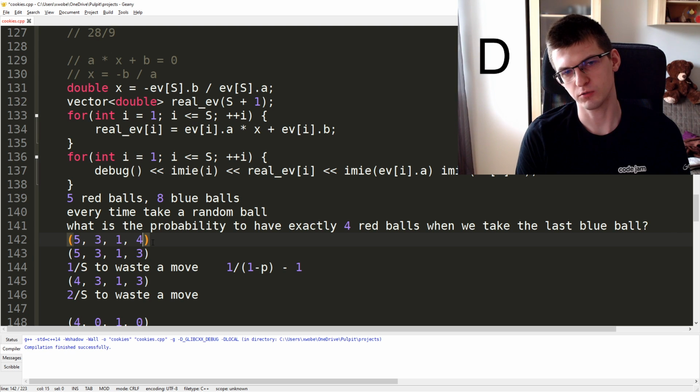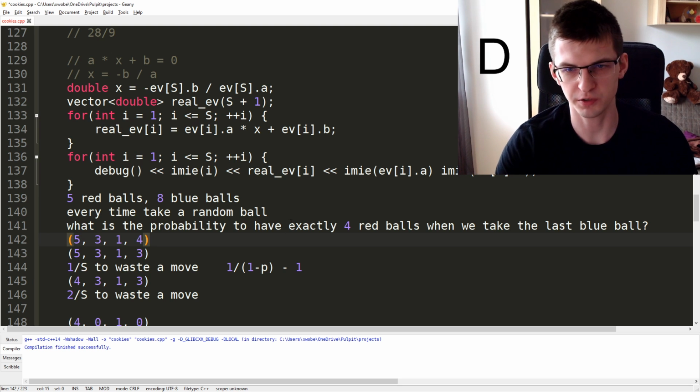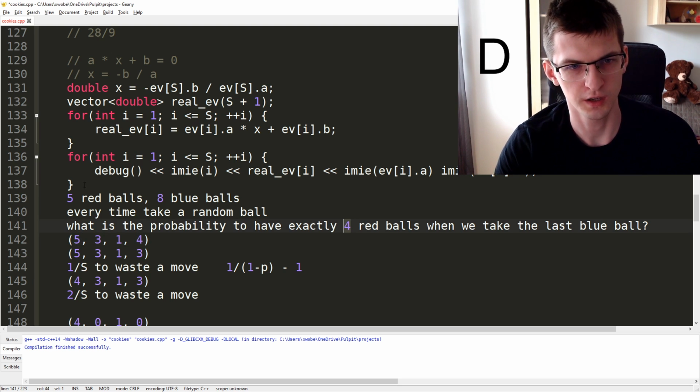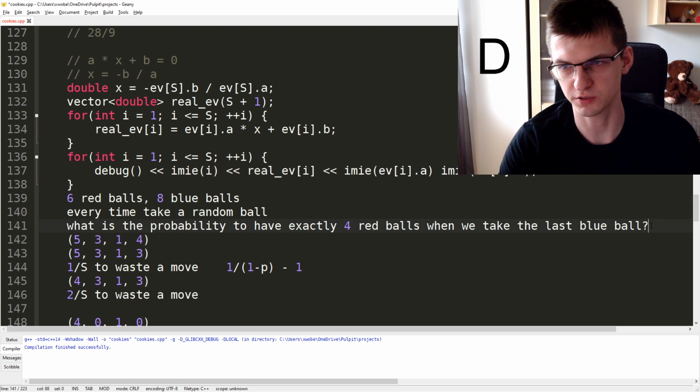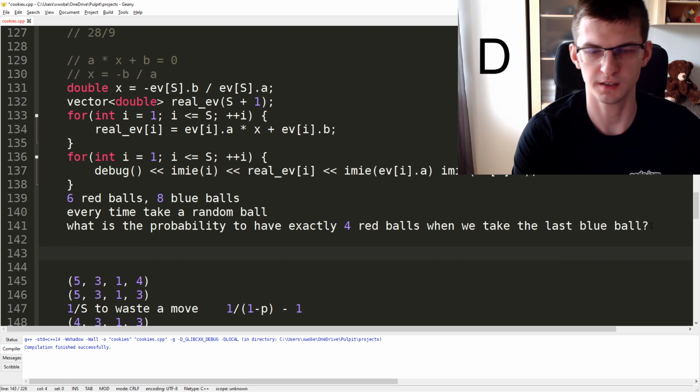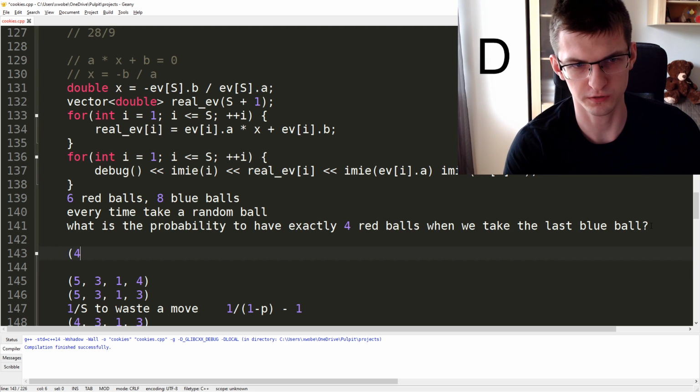I guess I want to say, let's go with a more general case: there are 6 red balls and I want 4 red balls to be at the end. Then a moment before that, there were 4 red and 1 blue.